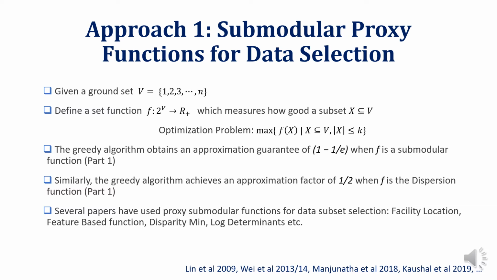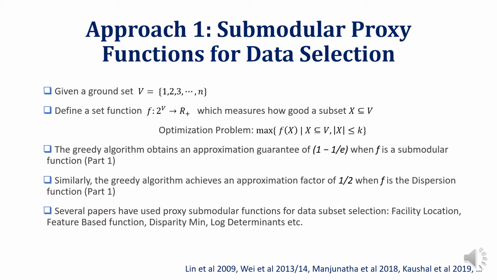So given a ground set V, you have a set function which measures how good the subset X is, and as we have seen, the optimization problem of maximizing f(X) subject to the cardinality constraint has a greedy algorithm with a good approximation guarantee, 1 minus 1 over e, when f is submodular. And in practice we do even significantly better. Often you end up getting close to the optimal solution. And when f is a dispersion function, we can attain a half approximation factor guarantee.